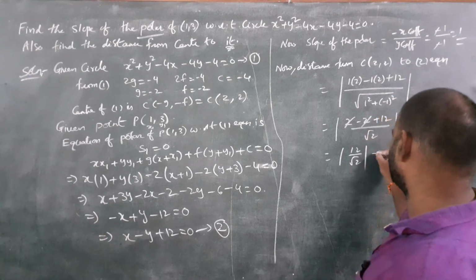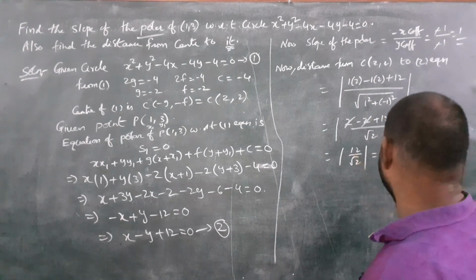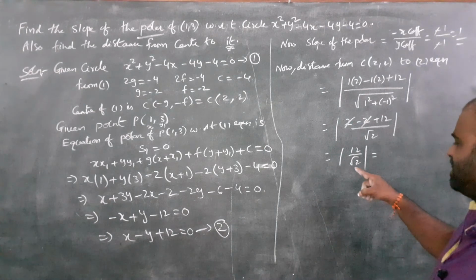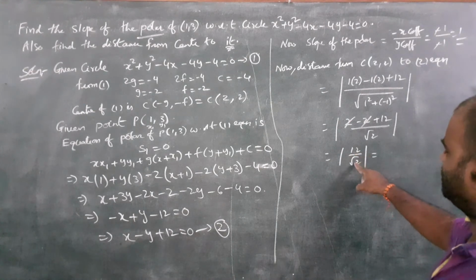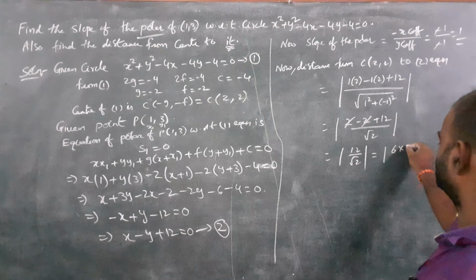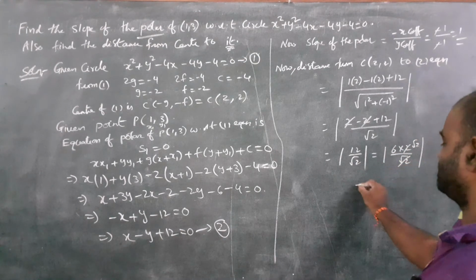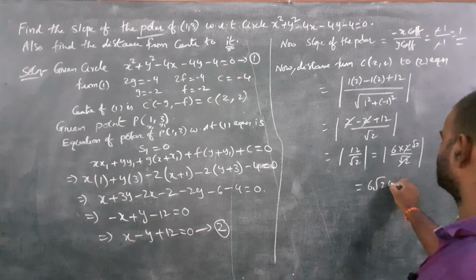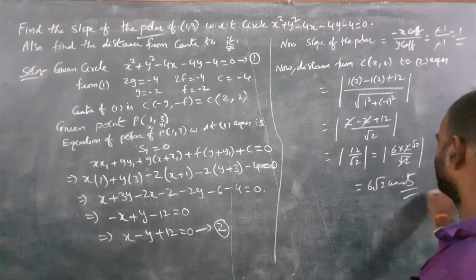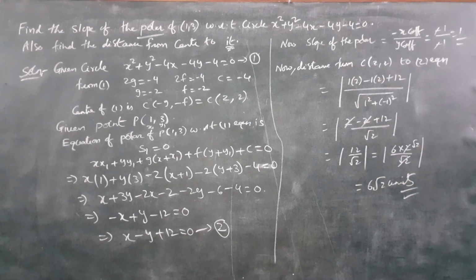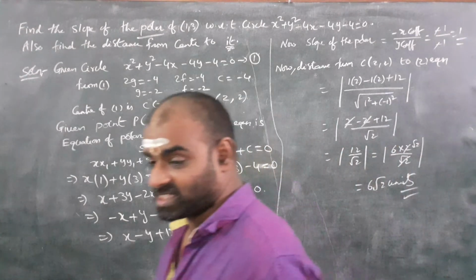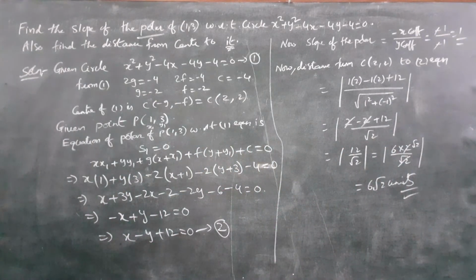And it is nothing but 6 into 2, 12 by root 2. This root 2 cancels root 2 times. It is nothing but 6 root 2 units distance. So the distance between the center and the line, the polar, is 6 root 2 units.